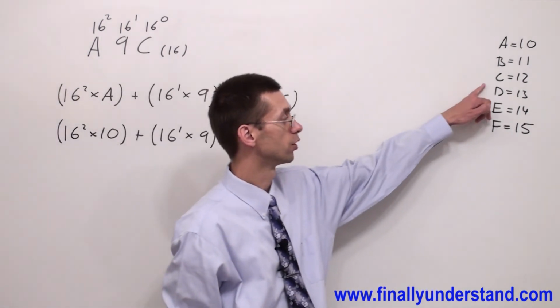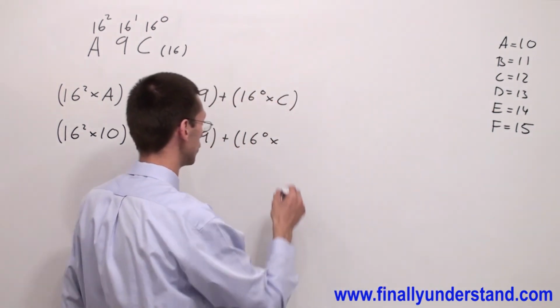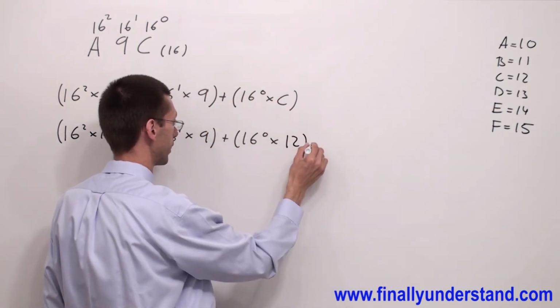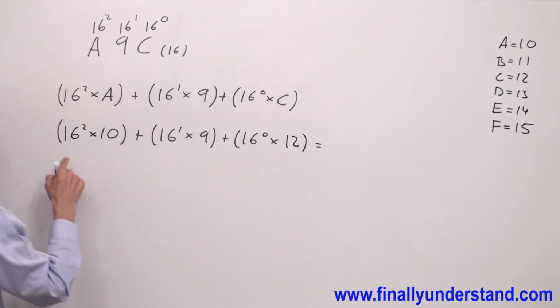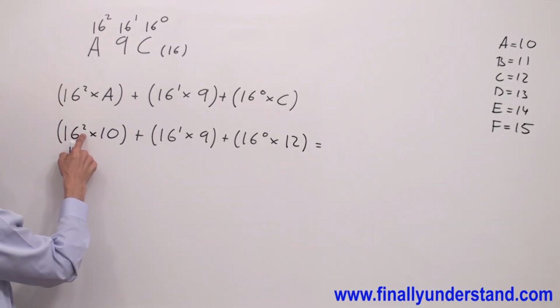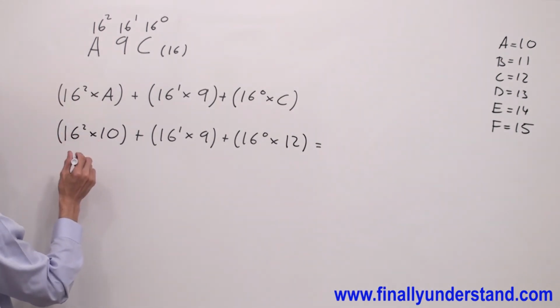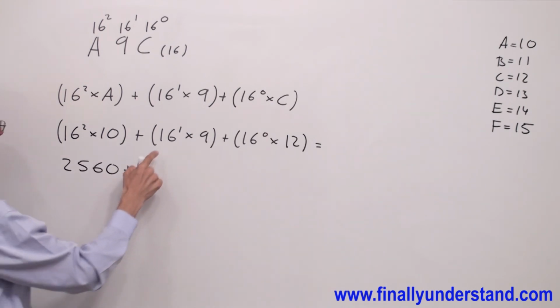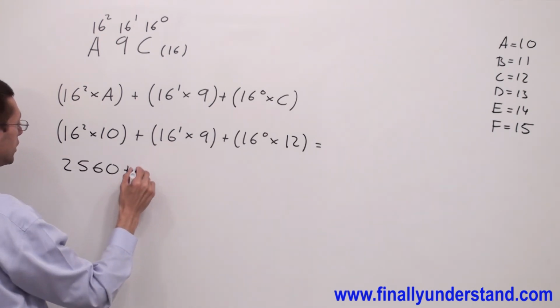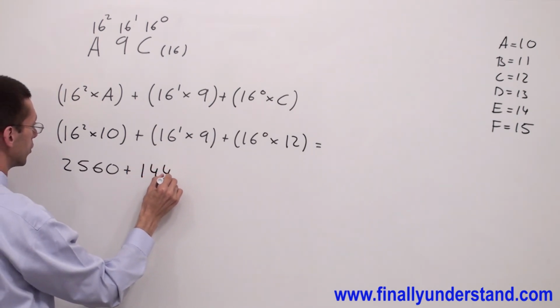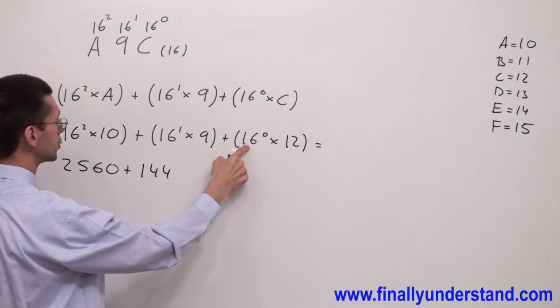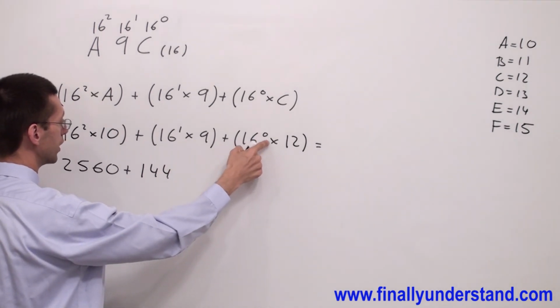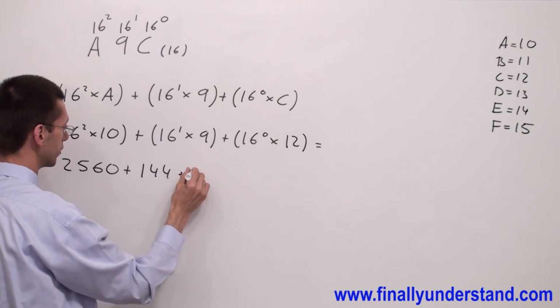C is 12. That's why I'm going to write over here 12. Equals 16 to the second power is 256 times 10 is 2560 plus 16 times 9 is 144. And 16 to 0 is 1, 1 times 12 is 12.